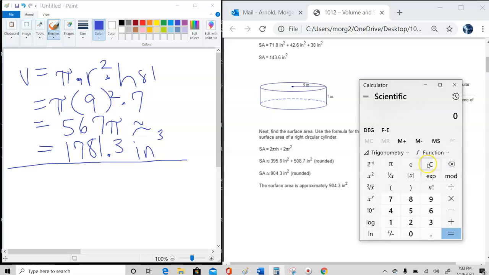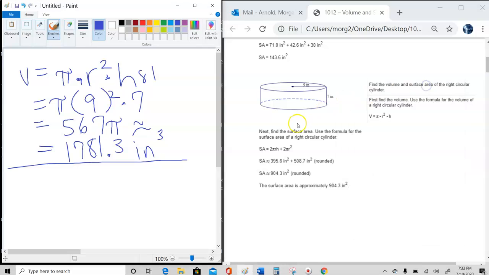Next, find the surface area. And the surface area has its own formula. For a right circular cylinder, it's 2 pi times the radius times the height plus 2 pi r squared.